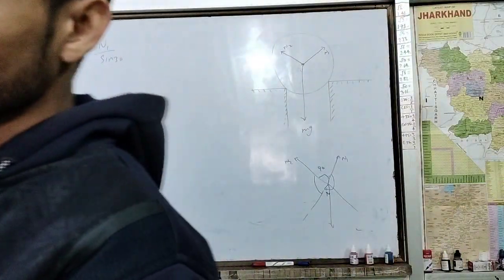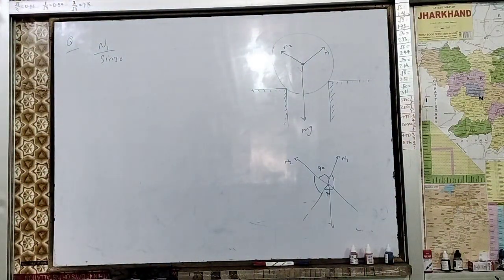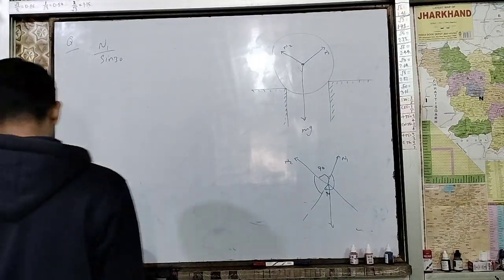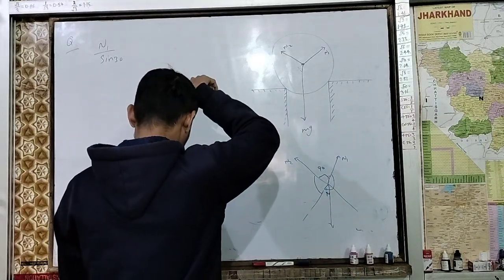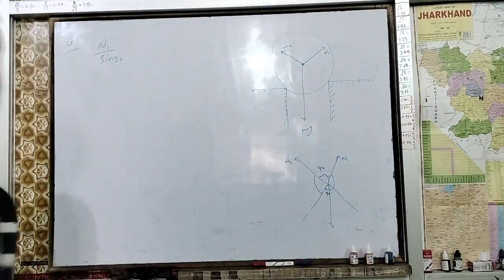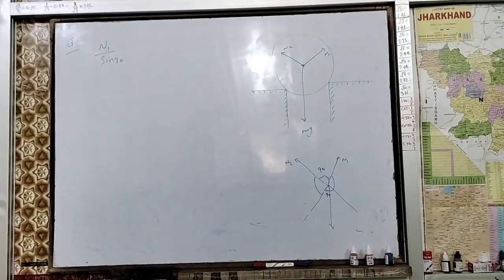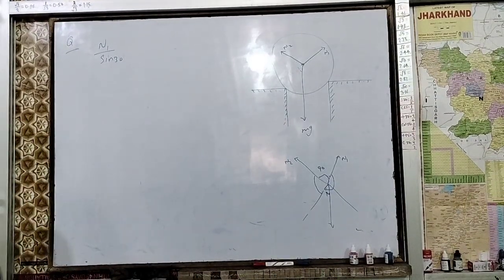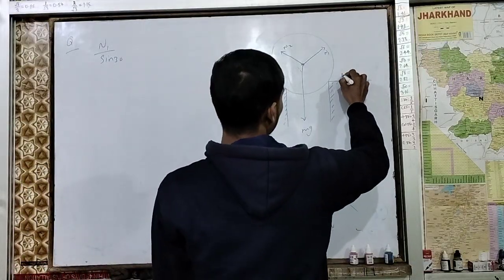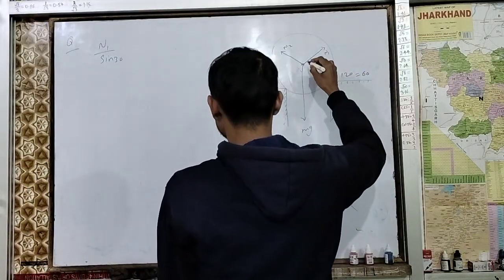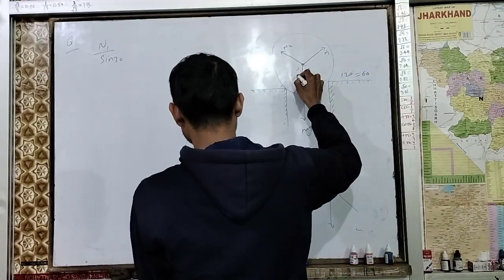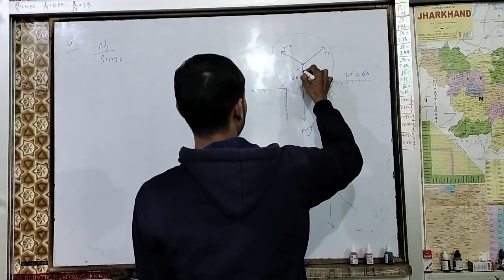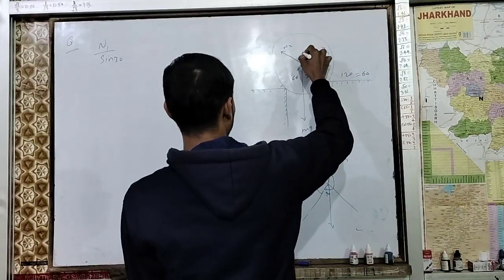We are just observing Lami's theorem. So N1 upon sine 30. The question gives the angles: this angle is making 60 degrees and this angle is making 30 degrees. Over here it is 90. Remember.